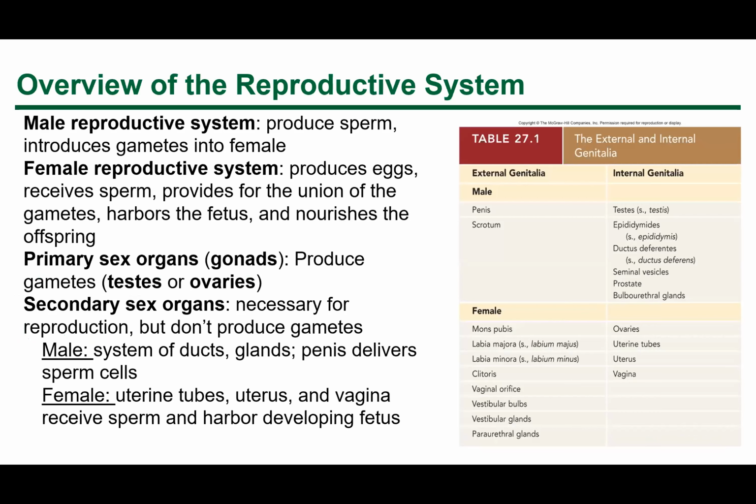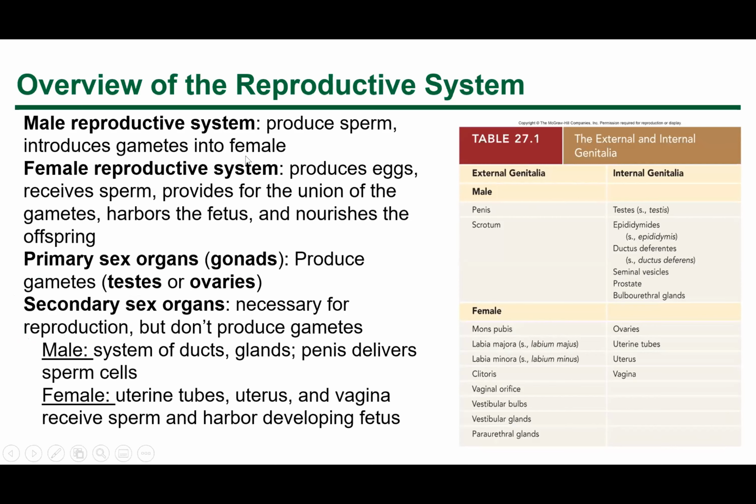So there's all kinds of interesting and secret niche facts that you may never have considered when considering gametogenesis and its challenges and just how complicated all this stuff is.